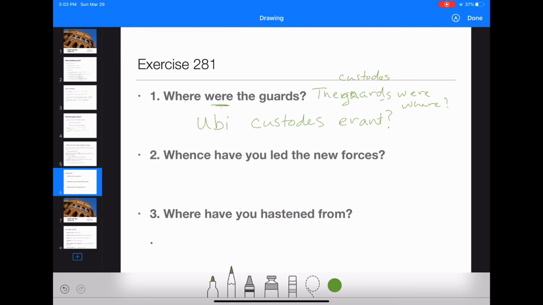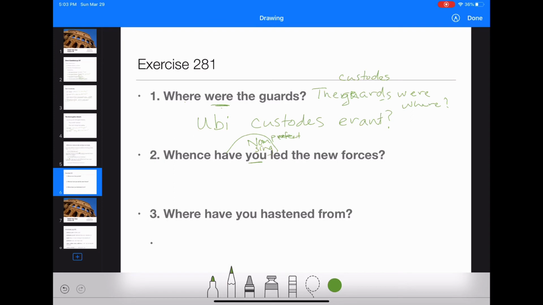Whence have you led the new forces? Okay, so who's doing the leading is you. So that will be in the nominative case. You have led. So we know that we're going to use the perfect tense. We have you. So let's decide that this you is singular since we don't have any specific clues.